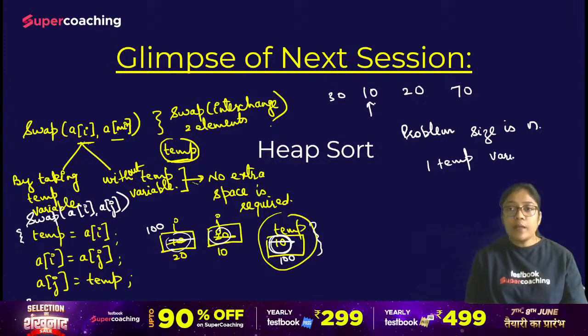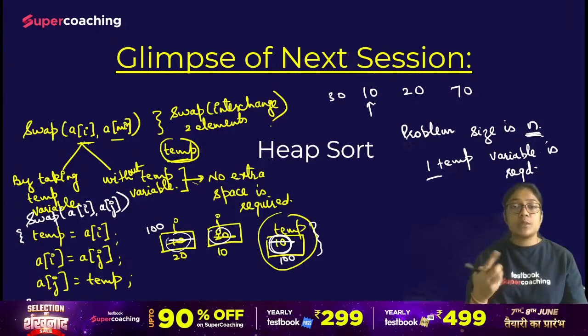So is it dependent on the problem size? One temp variable is required, so is it dependent on the problem size? If there are 5 elements, one temporary variable is sufficient; if there are 100 elements, one will do; if there are 1 lakh elements, one will still do.